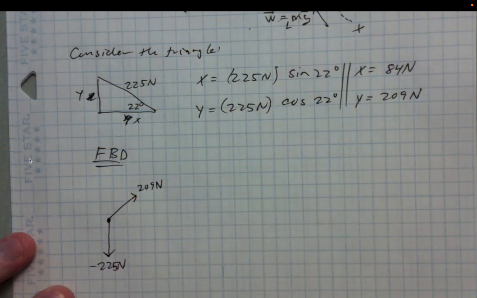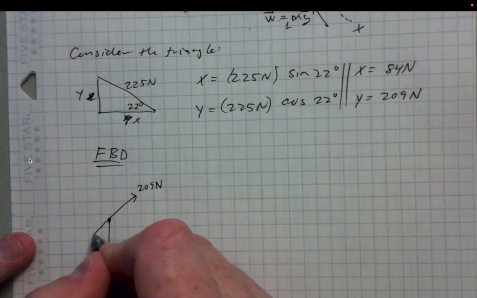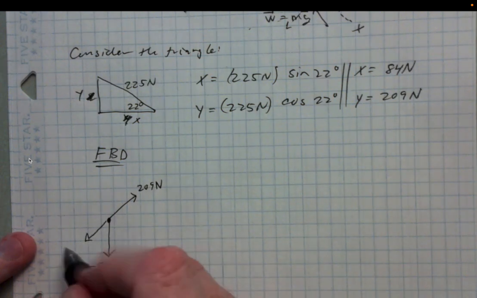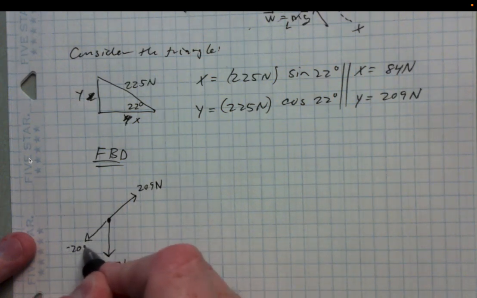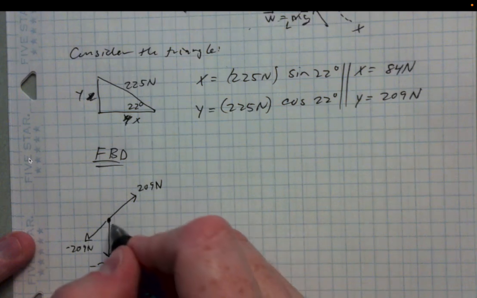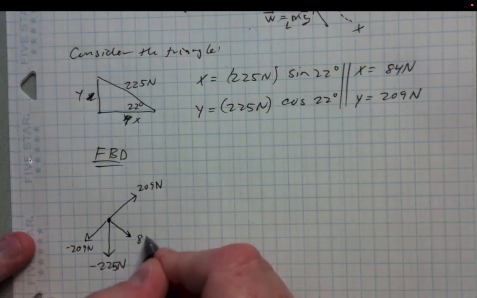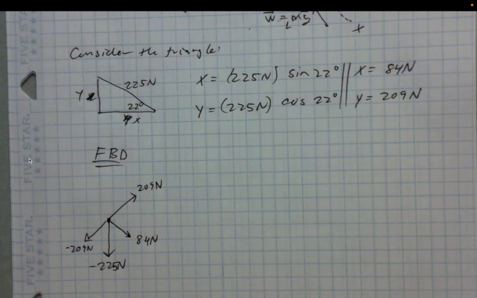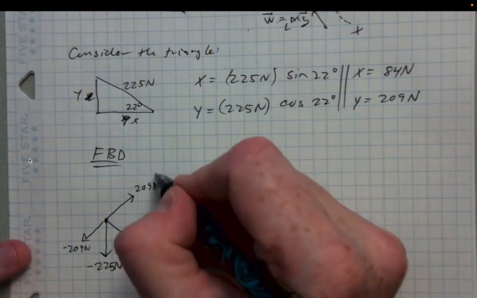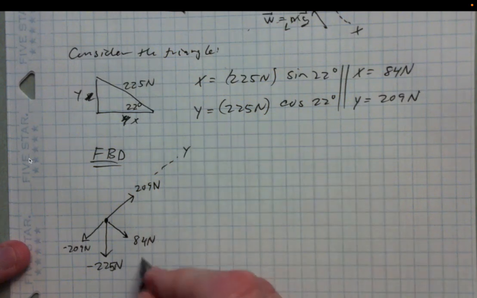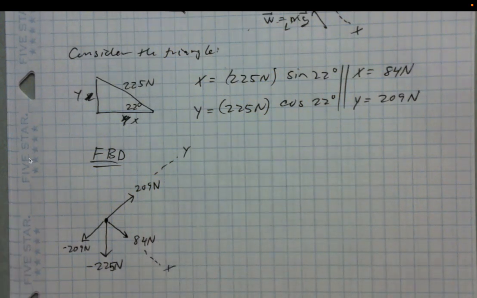Make this a negative here because it's pointing down. And then you've got this thing over here offsetting that at negative 209 newtons. And then you've got the force that's pulling the sled downhill, right? And that's the 84 newtons. Okay. And so this is the y direction, this is the x direction.